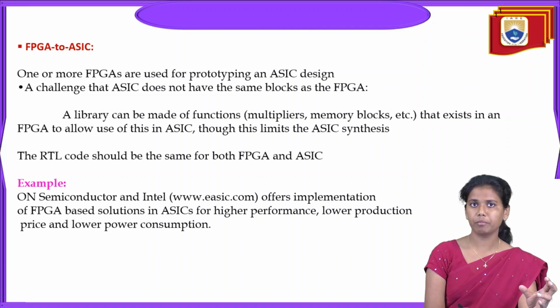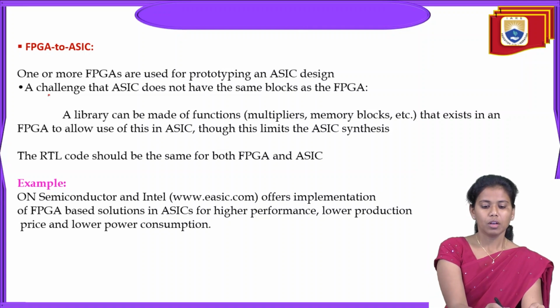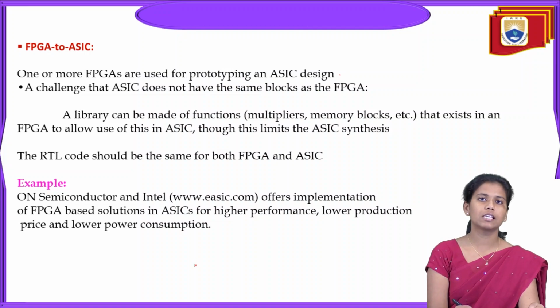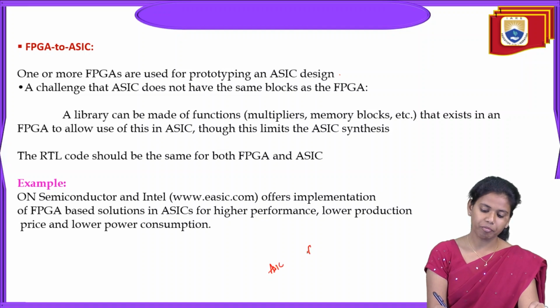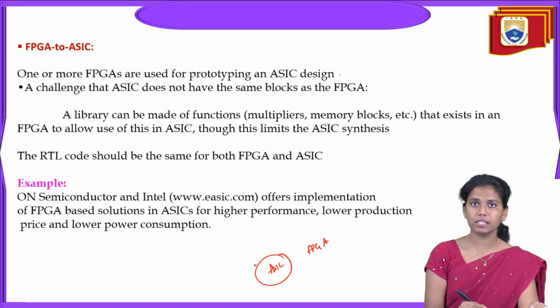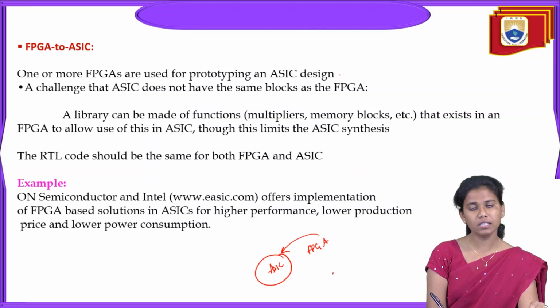Now we will see how FPGA to ASIC. If we move on from FPGA to ASIC, what sort of changes do we see? Now, one or more FPGAs are used for prototyping the ASIC design. So just remember that we have two designing options, ASIC and FPGA. In order to design this ASIC, you have to remember that the involvement of FPGA is seen.